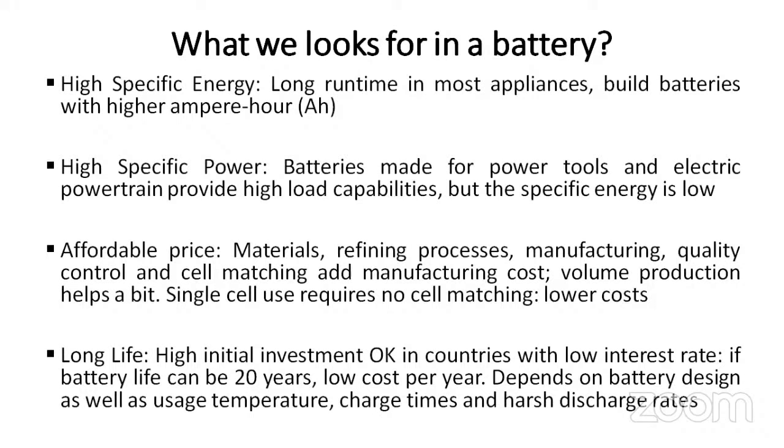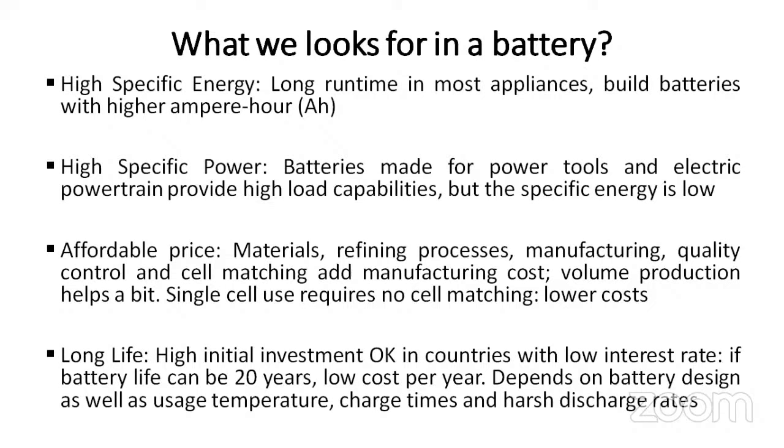And in order to achieve a higher kilowatt hour of battery pack in a compact area, you need a higher specific energy, right? And that's why you need to build a battery with higher ampere hour. Okay, understood? Why high specific energy is required.